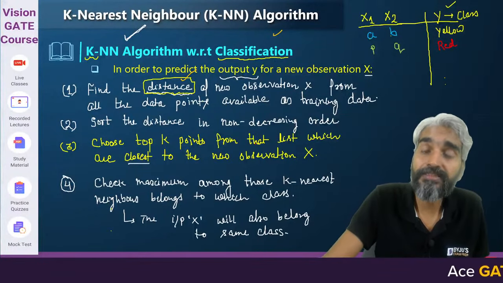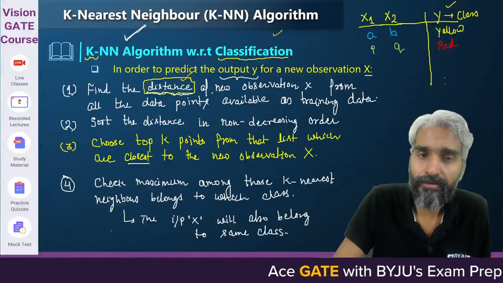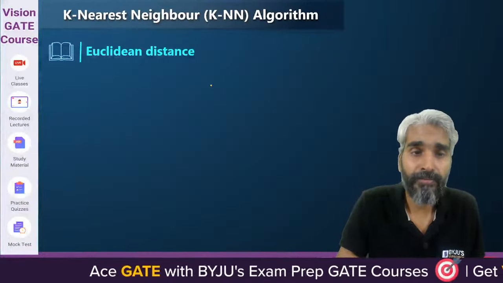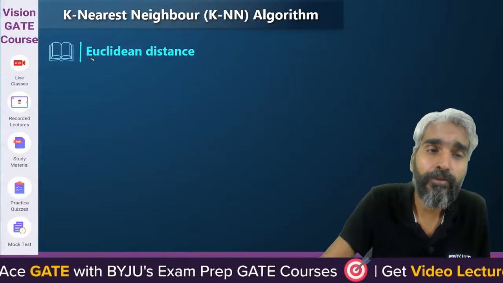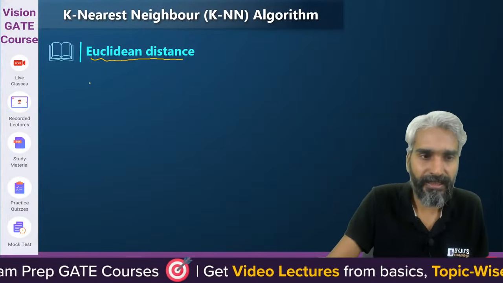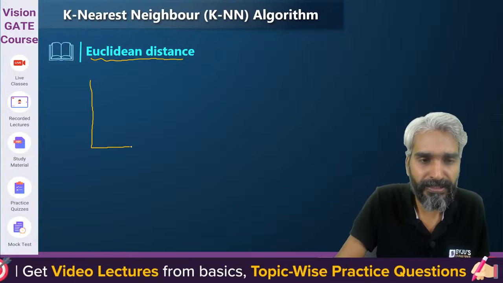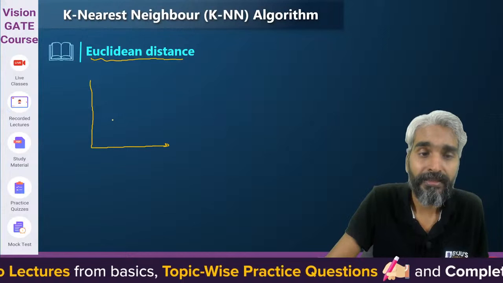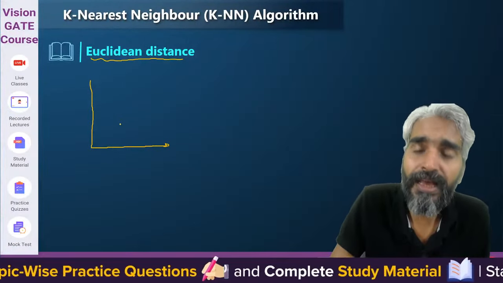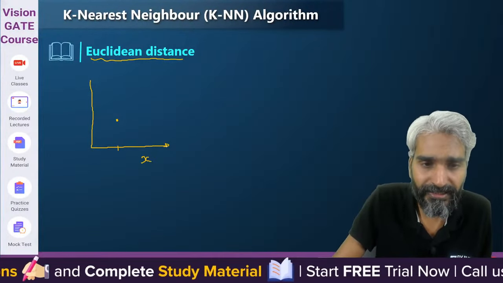So find the distance of the new observation from all the data points, and this is what is tricky. So please try to understand. If I define the Euclidean distance, if we are calculating the distance only in one direction, let's assume that there is only one axis, axis x.